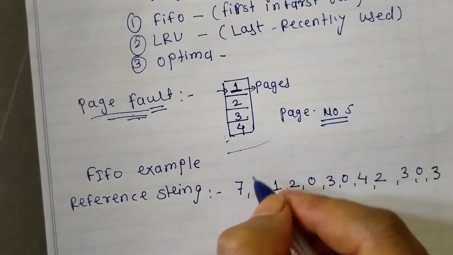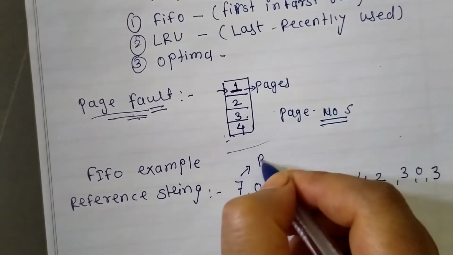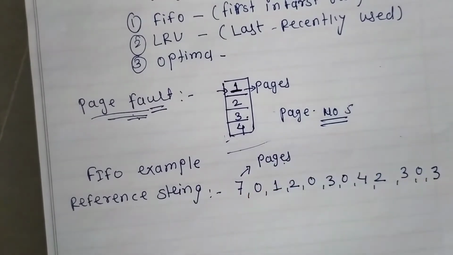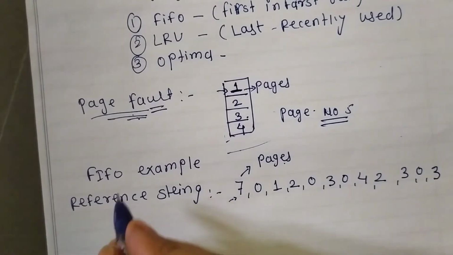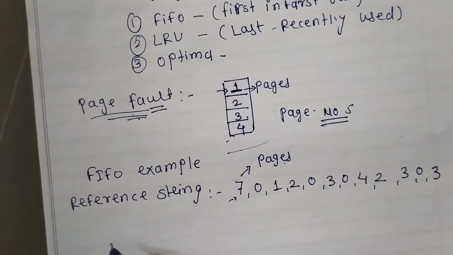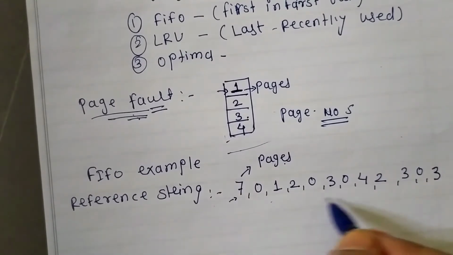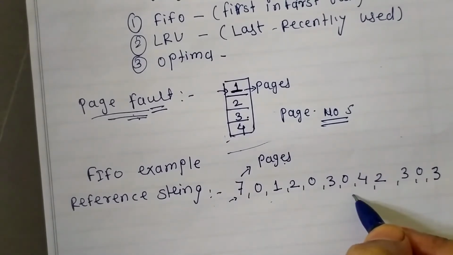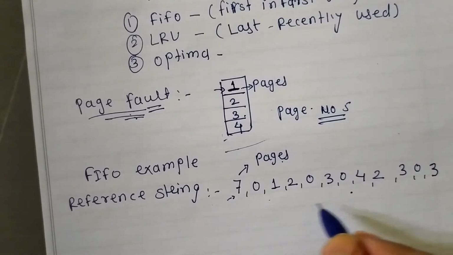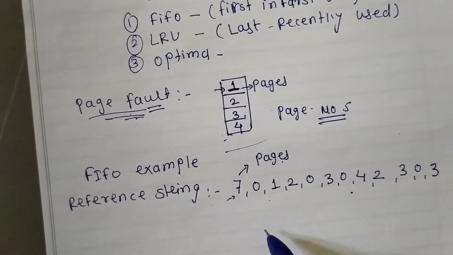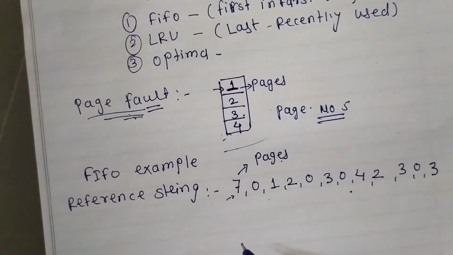These are the pages and the CPU is demanding these pages. The main memory at a time can't store all these pages because its size is less compared to the logical memory. Now the CPU is demanding a page number. If that page is not available in the main memory, then it is called a page fault.